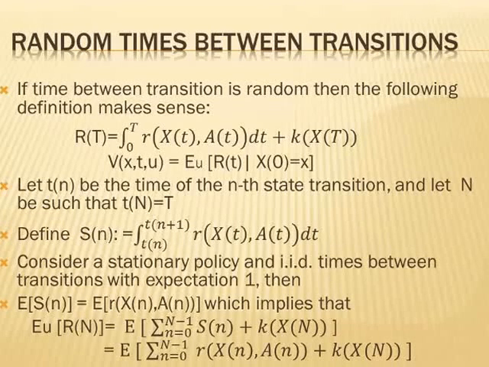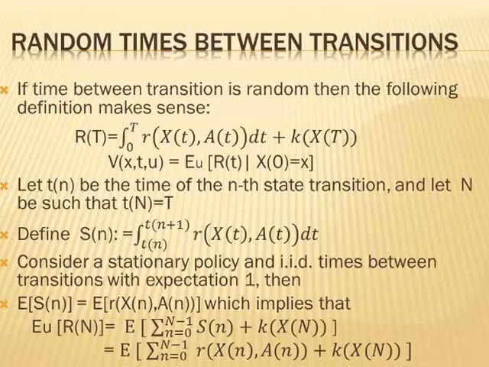So Sn is the cost, the cumulative cost, from time tn till the next transition tn plus 1, or the cumulative reward. And we consider stationary policies so that x(t) and a(t) do not vary between two transitions. So we can write them as x of n and a of n for transition n.